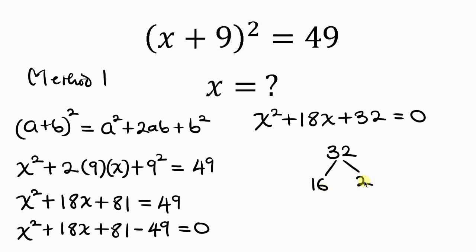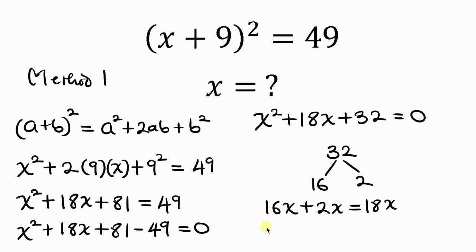So 16 times 2 gives 32. But can we add these to give 18? Let's try. 16x plus 2x is equal to 18x. Very good. That means this is a good factor to use. So let's simplify.